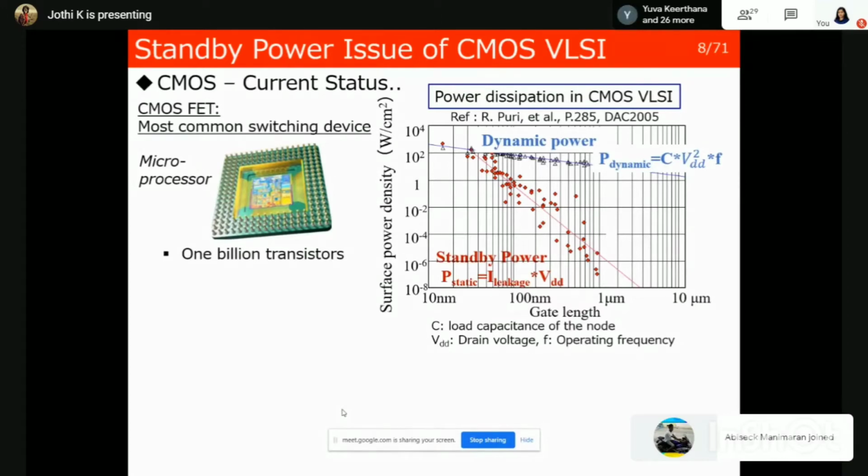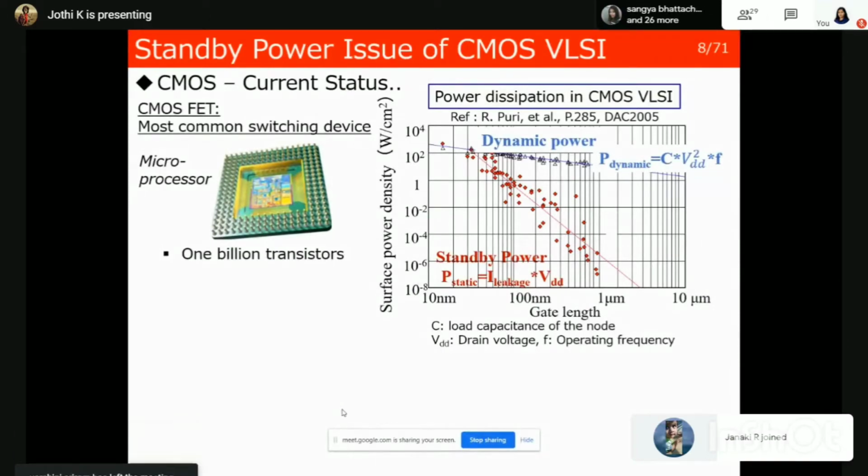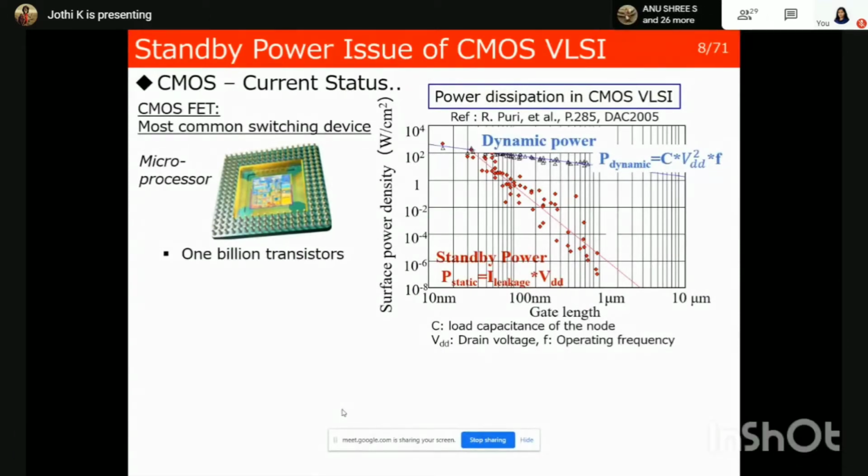When time goes by, when the family is moving forward, when the CMOS industry is moving forward, the leakage current, you see, is drastically increasing. It reaches a point where your leakage power makes trouble with the dynamic power. Trouble is nothing but it reaches a point where the bad guy causes more problems than the good guy in the family.